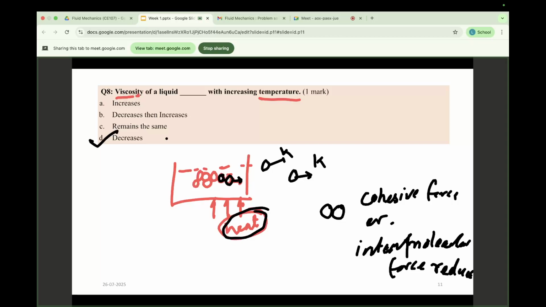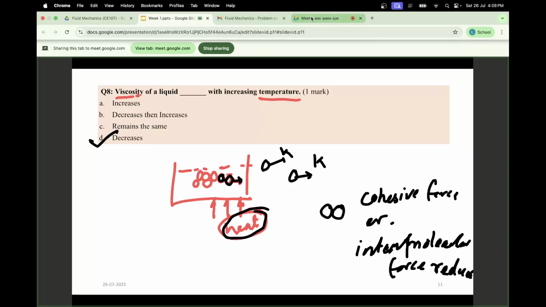Viscosity is the resistance, that means the tendency of viscosity is to resist the flow. It cannot easily allow the liquid to move. But because of the temperature, the kinetic energy is increasing and the intermolecular force is reduced, so the particles will be easily able to move. That means viscosity is less.